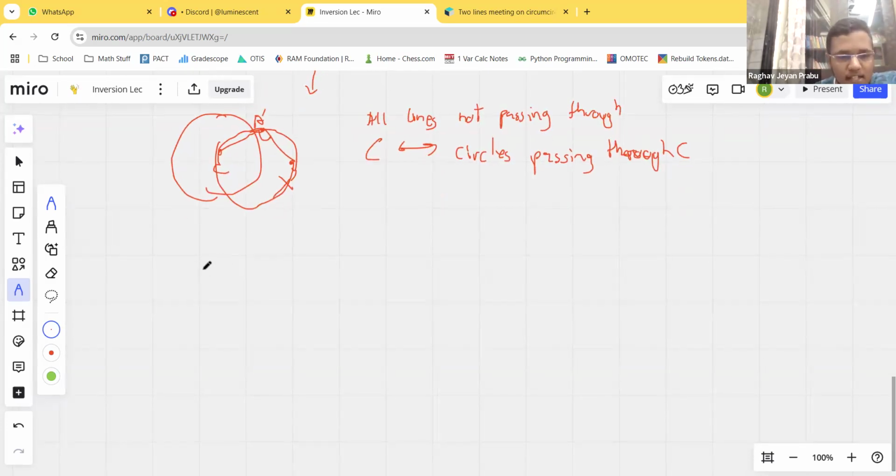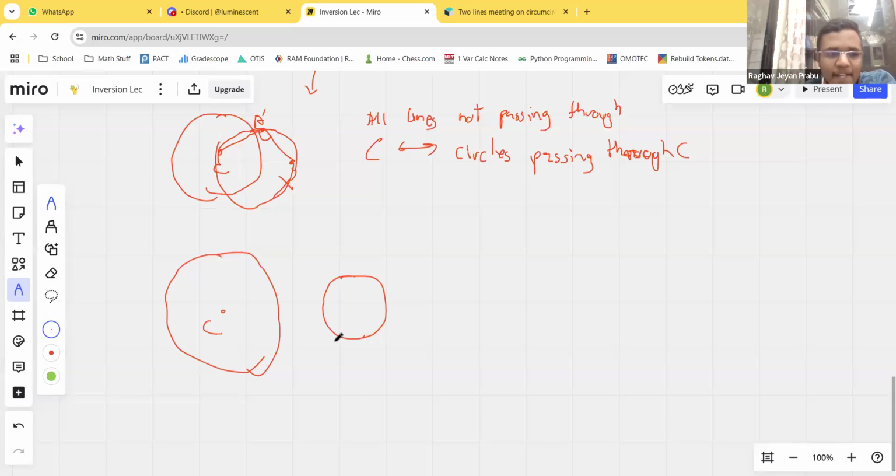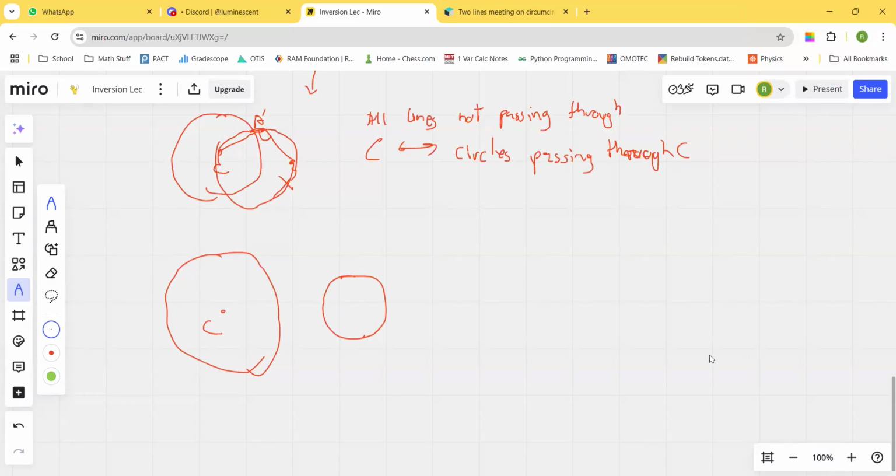So now let's look at the last case of a circle. If you have a circle, your center of inversion C, and I have a circle like this, can anybody guess what happens to it? This question is for people who have not seen inversion before. I think it translates to a line.